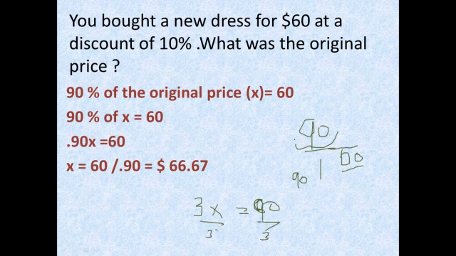This is balancing the equation, and the 3 gets cancelled. X is 90 divided by 3, which is 30.